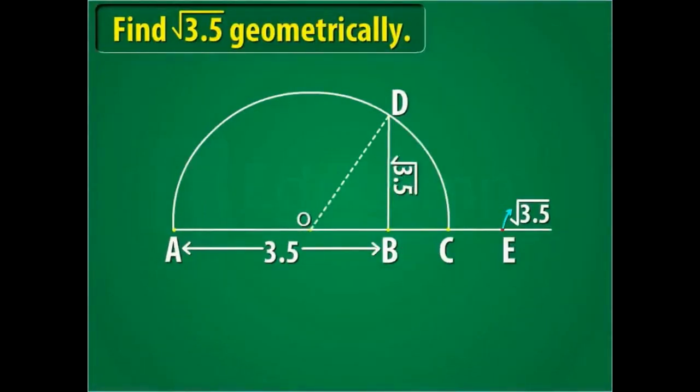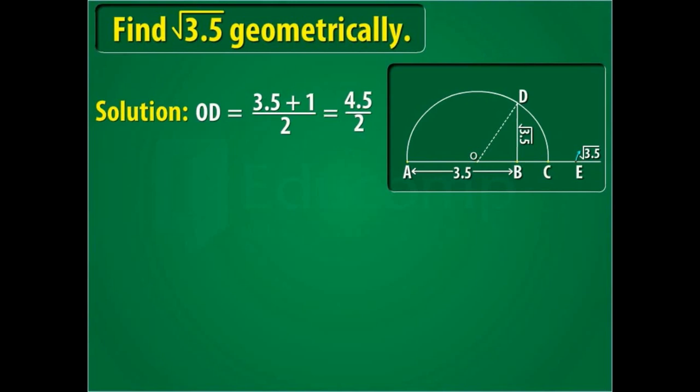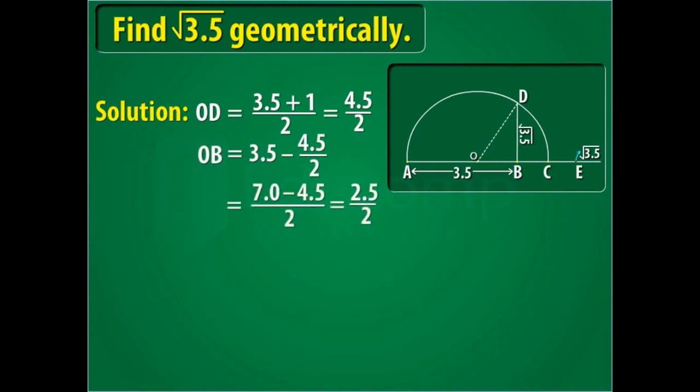If you join OD, then OD equals the radius of the semicircle, that is 4.5 upon 2 units. Now OB equals 3.5 minus 4.5 upon 2, that is 2.5 upon 2.